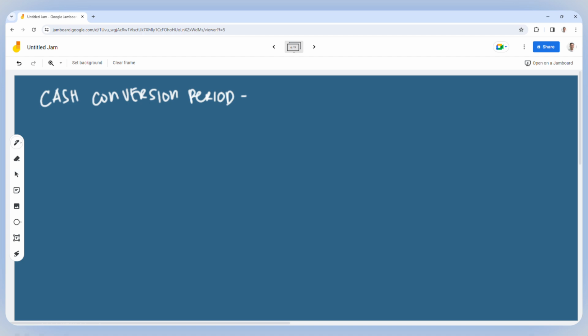Ito naman, class, ay same as inventory conversion as discussed kanina. So, inventory conversion period. Okay? You will add your account receivable conversion period.